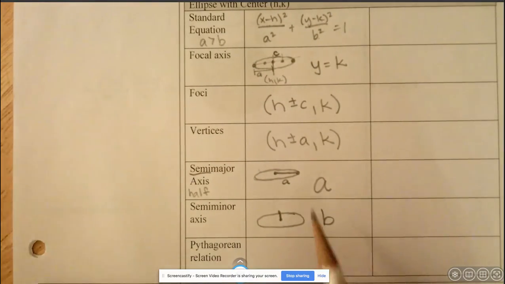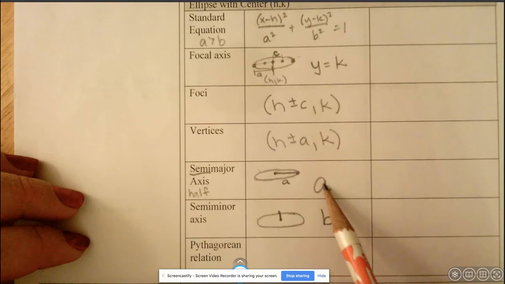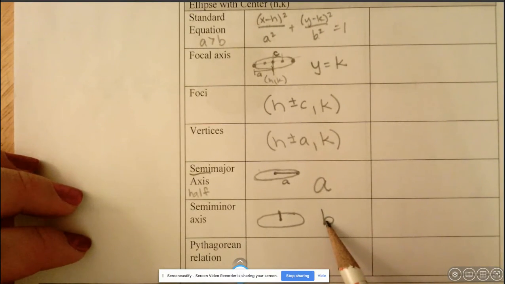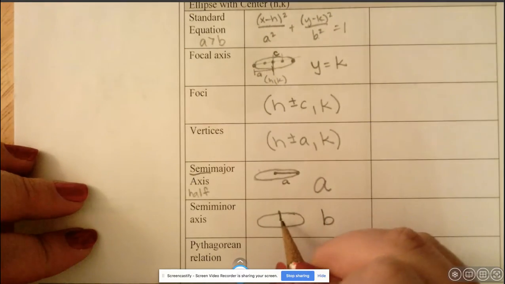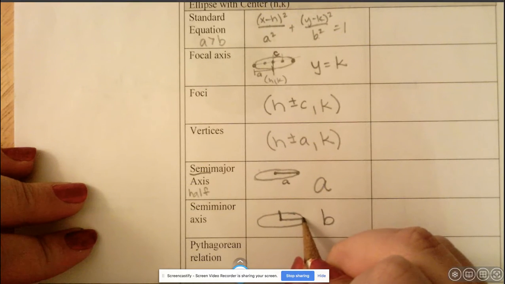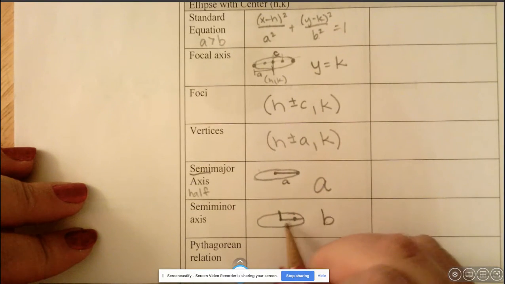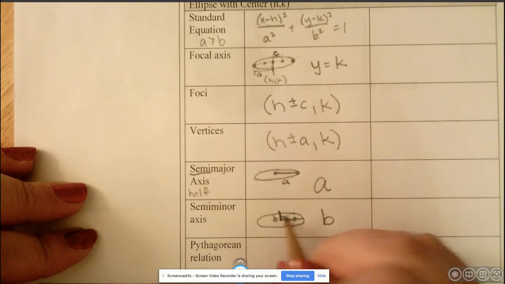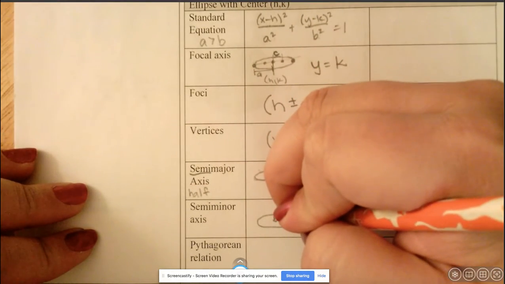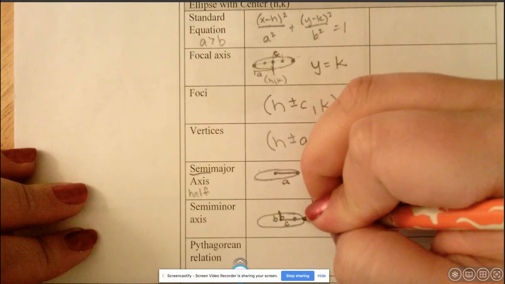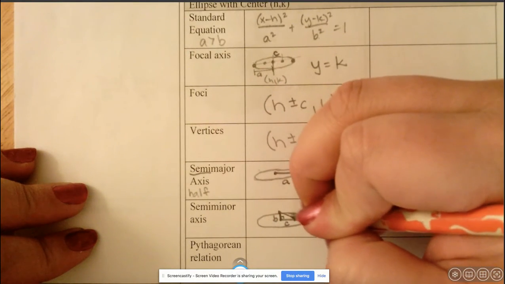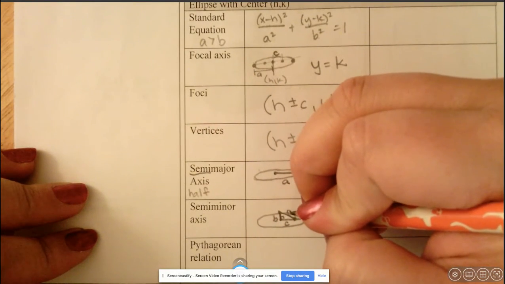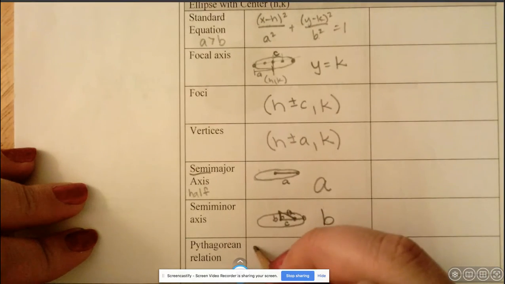And then we have this relationship because we have c, we have a, and we have b. So if I were to draw these values, here is a, here's c, here is b, these are perpendicular, then the distance a from the center to the vertex is also the hypotenuse here of our triangle with b and c.